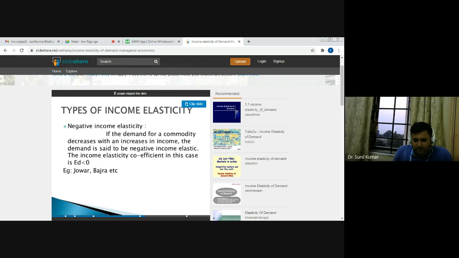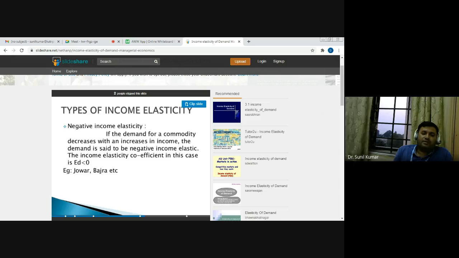If the demand for a commodity decreases with an increase in income, the demand is said to be negative income elastic.